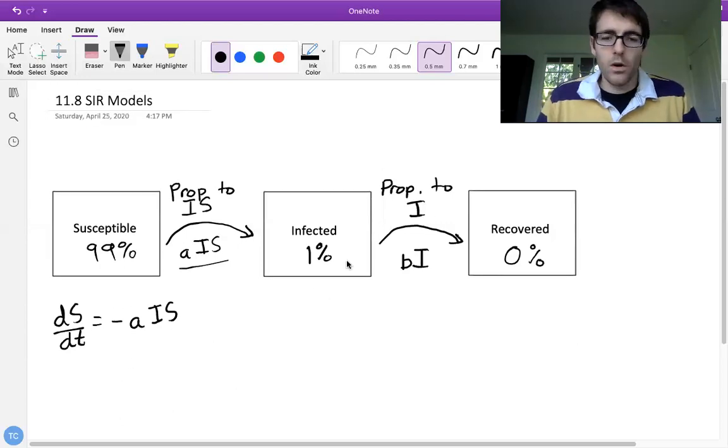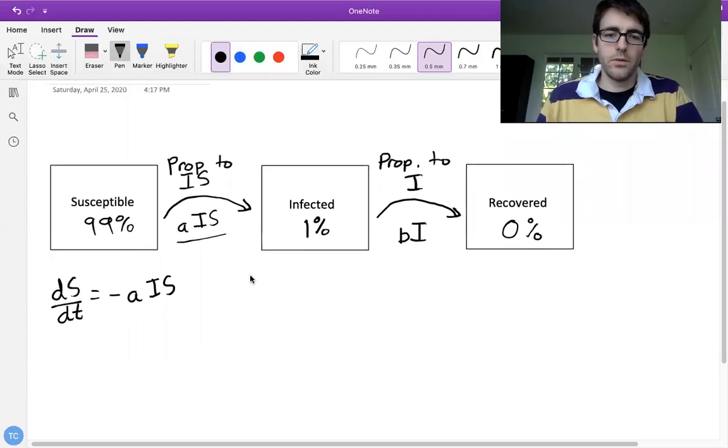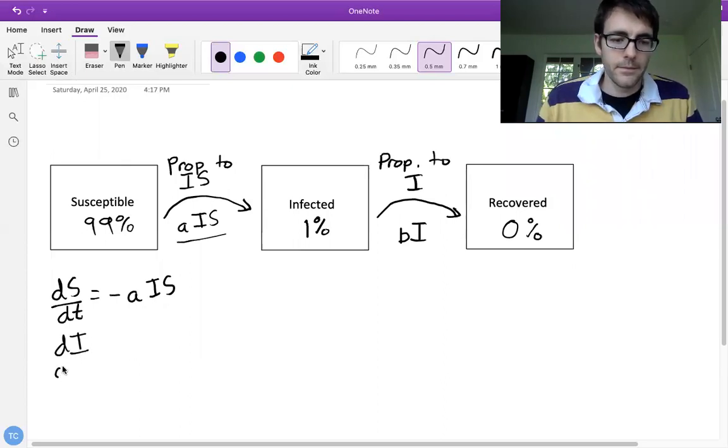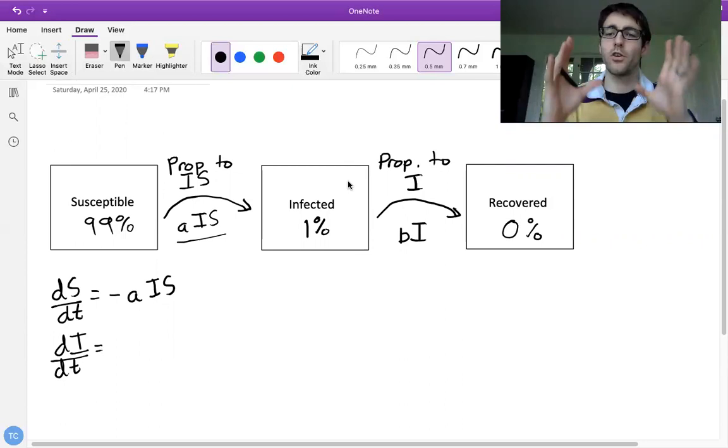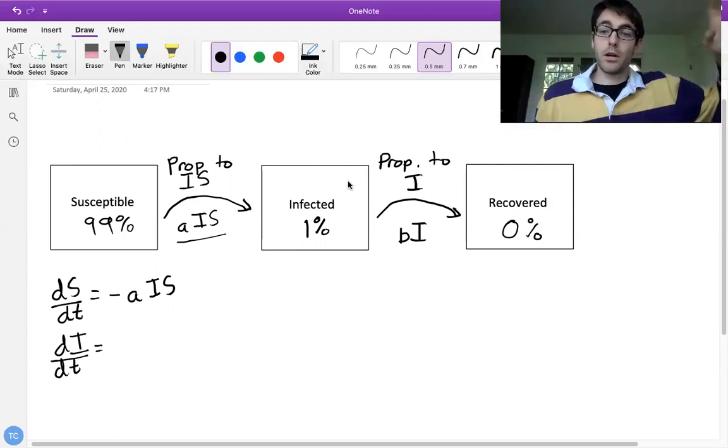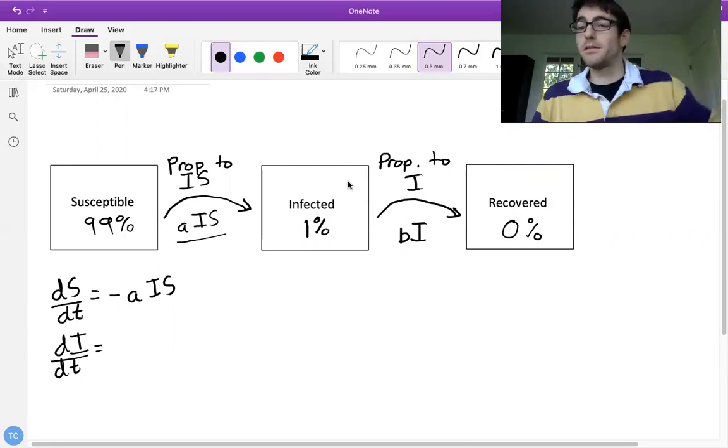Okay, let's go ahead and do this one. So dI/dt: how does the total number of people who are currently sick change over time? Well, people are coming into this group from the susceptible group when they get sick.